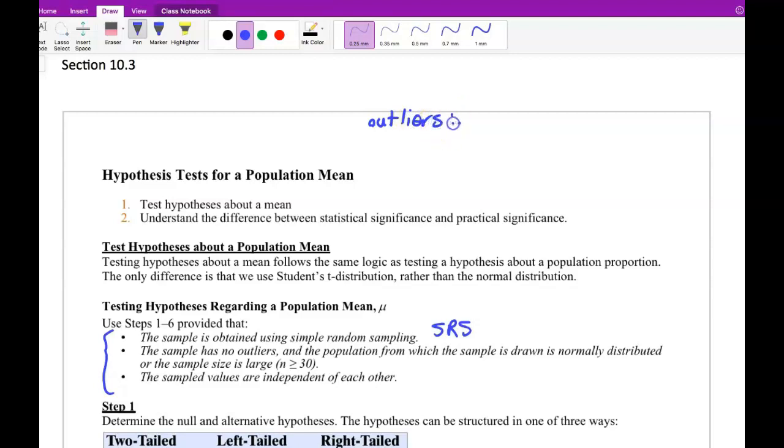So what are outliers? These are unusual values in a data set. And how can we find them?